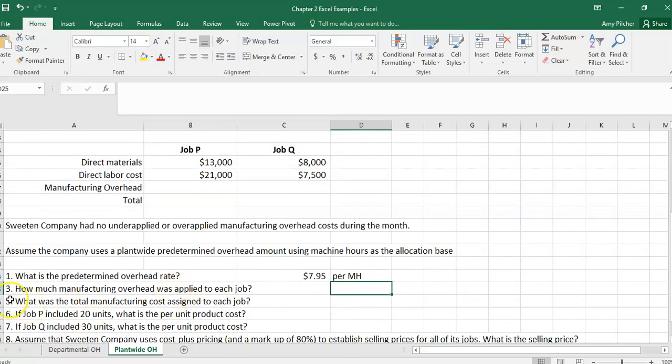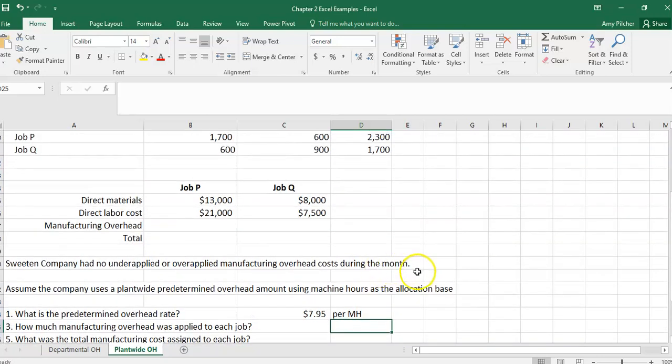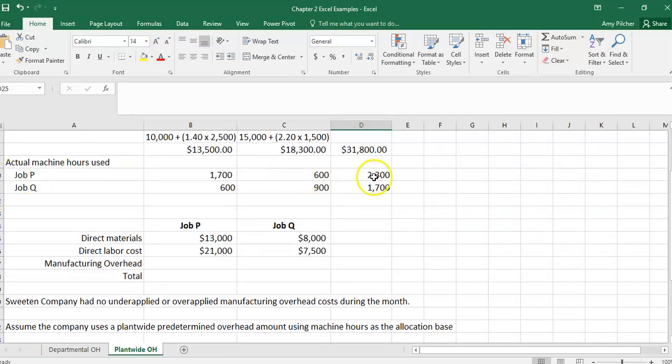The next thing we want to do is apply manufacturing overhead to each job. So we have job P and job Q. We have a rate of $7.95 per machine hour. We take that times the number of machine hours in each job. So we see here that job P used 2,300 machine hours and job Q used 1,700 machine hours.